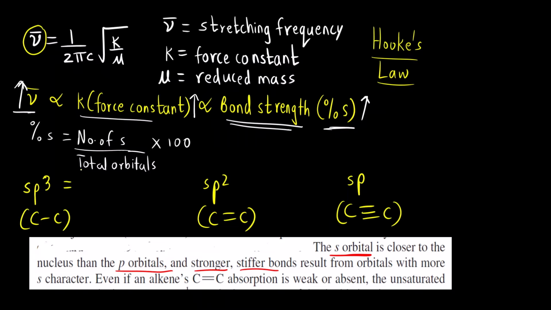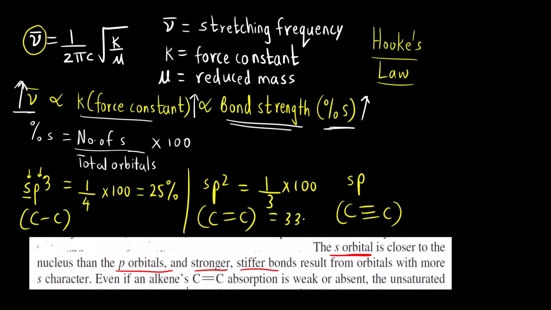So how do you calculate percentage s character? In sp3, number of s orbital is 1, total orbitals is 1 plus 3, 4, so 0.25 into 100, that is 25%. In sp2 it will be 1 s orbital, total there are 3, into 100, so 33.33% s character. And in sp there is 1 s orbital, total there are 2 orbitals, 1s and 1p, into 100. So here there is 50% s character.